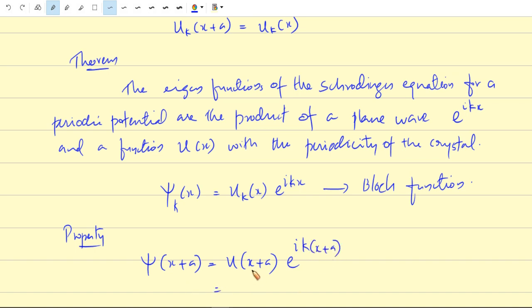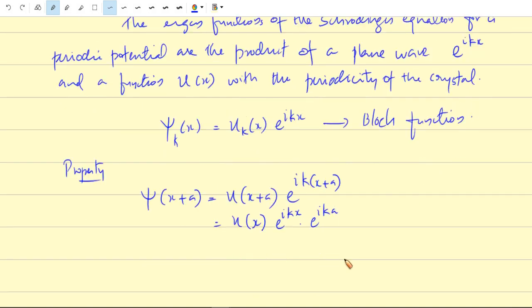But we know u is a periodic function, therefore this can be written as u of x e raised to ikx into e raised to ika. This is nothing but psi of x into e raised to ika. So this is an important property of the Bloch function. We will be using this property in our discussion of the Kronig-Penney model.